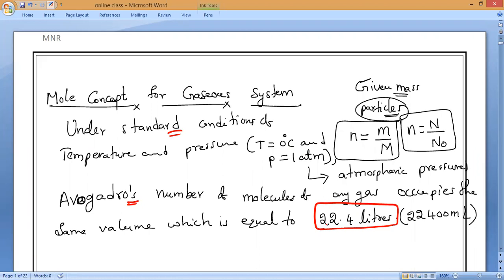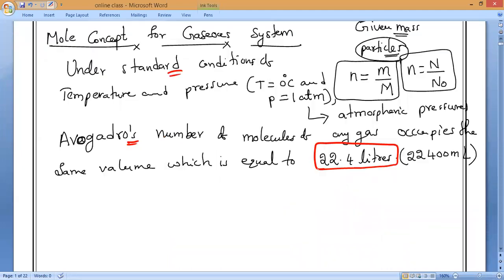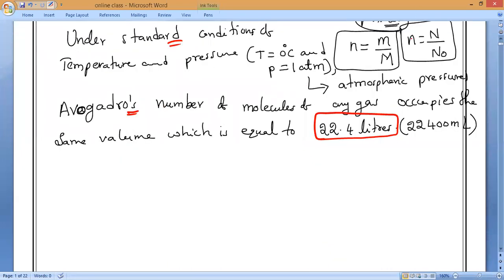This volume is known as molar volume, or gram molecular volume. But when we were solving mole concept, what was capital M called? Molar mass.